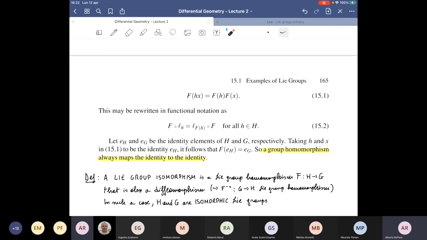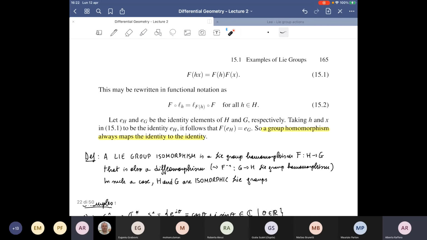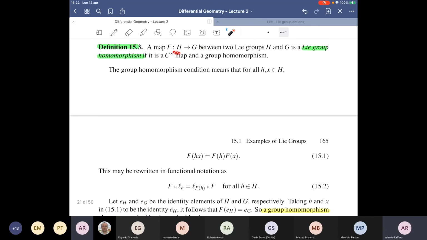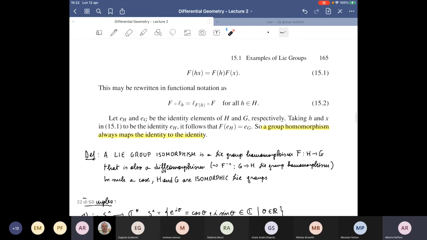And in particular, as I said before, if you have a group homomorphism, it maps the identity of the first group to the identity of the second group. This follows immediately from the definition of group homomorphism.